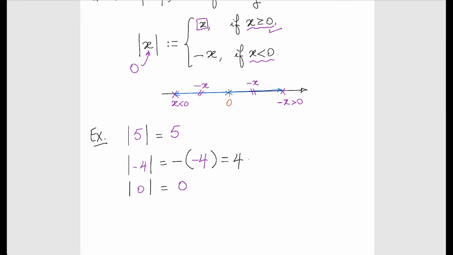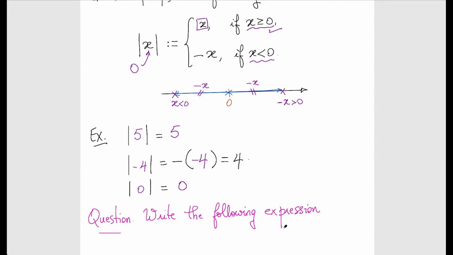So how about now I leave you with a question that we will discuss during class, and let's say that this question is as follows. Write the following expression without absolute values.